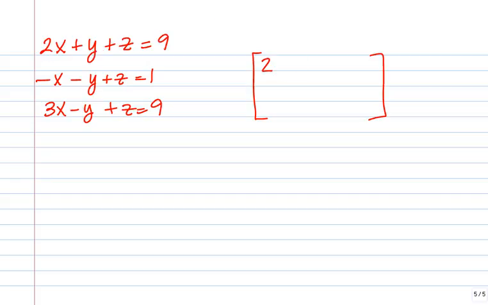Remember there's a 1 there. Everywhere we have the variable by itself is understood to have a coefficient of 1 or negative 1. So we really have 2, 1, 1, 9, negative 1, negative 1, 1, 1, 3, negative 1, 1, 9. And you would need to know the size to be able to enter this on the calculator. There are 3 rows by 4 columns. So this is a 3 by 4 matrix.